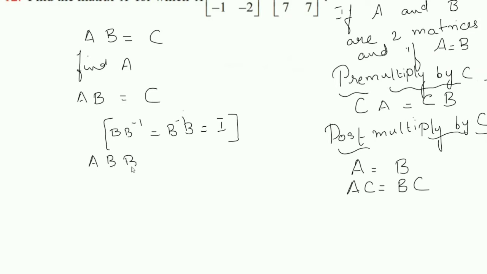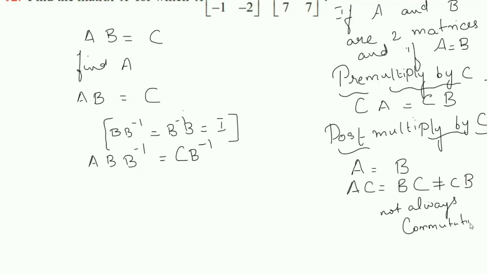AB into B inverse is equal to C into B inverse. I am post-multiplying, which means after the matrix. So I am multiplying B inverse after AB and after C. Now B into B inverse is equal to the identity matrix. Also you should know that AC is equal to BC here, but BC is not equal to CB.